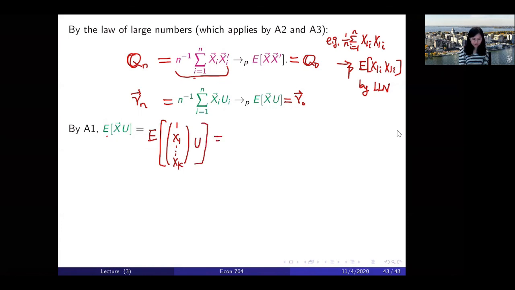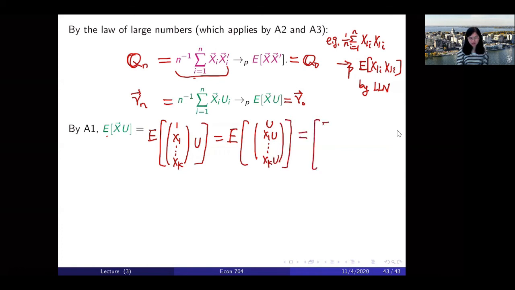So that is actually u, x1u, through xku. And the expectation of a random vector equals the vector formed by the expectation of each element. And that is 0. Each element is 0 by A1, by the orthogonality assumption. So this R0 is actually 0.